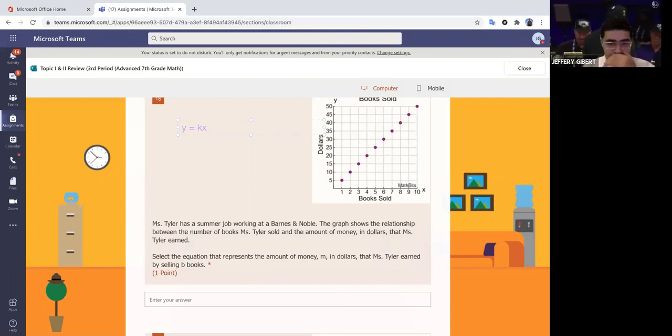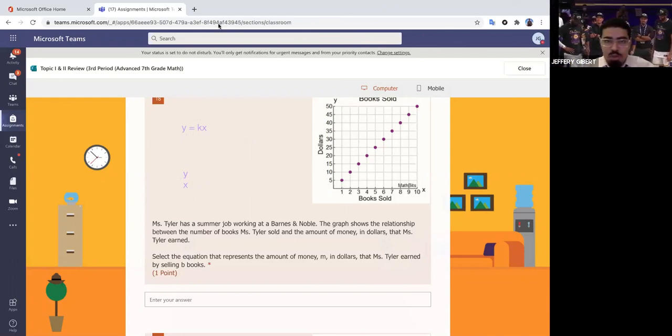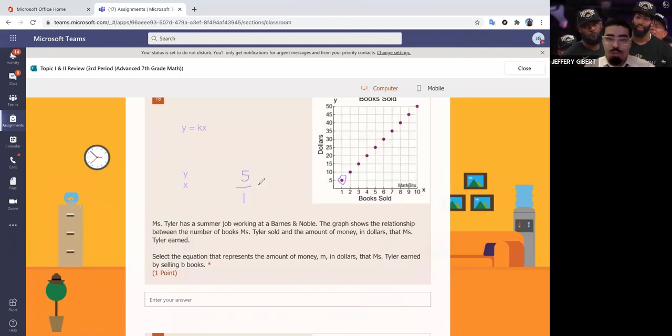So whenever you have y equals kx, that means you can just do y over x. So if we pick a perfect point, here's a perfect point right here, you can do 5 over 1. And like you all told me, 5 divided by 1 is 5.